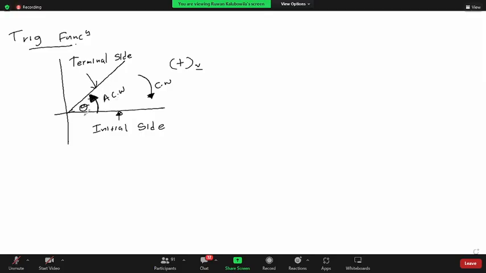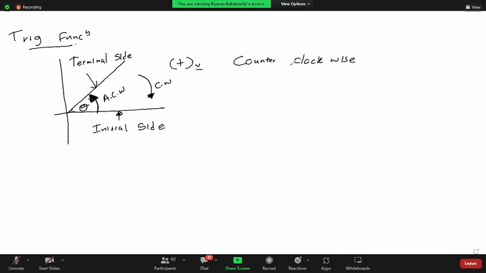So if we are defining positive angles, we have to define them in the anti-clockwise direction, counter-clockwise.